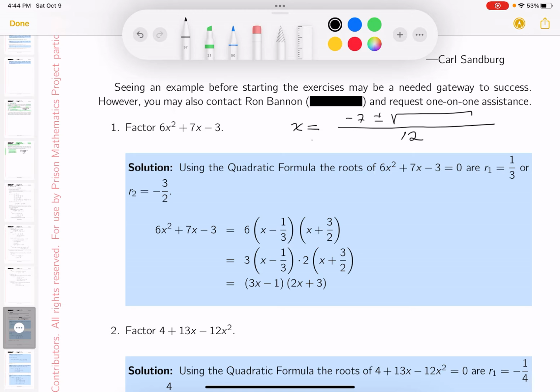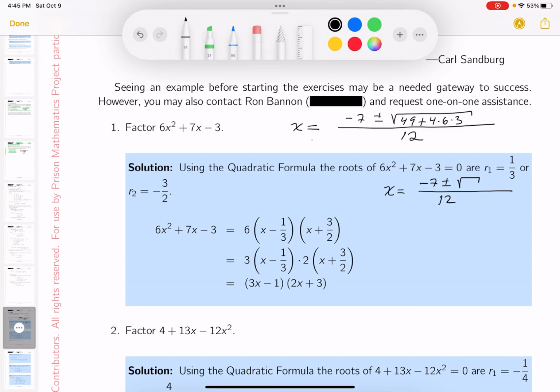And let's take a look at that. What would you get? The b squared is 49, minus 4, times a, times the c, which is minus 3. So I'm going to put a 3 here, but I'm going to change the sign. Let's see what you get. x equals minus 7 plus or minus, and I'll put a 12 in the bottom.